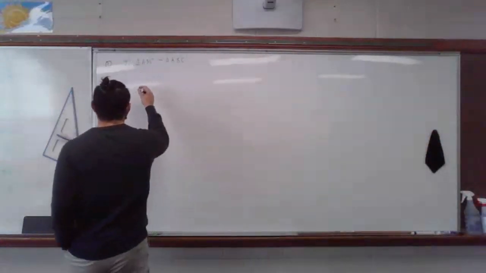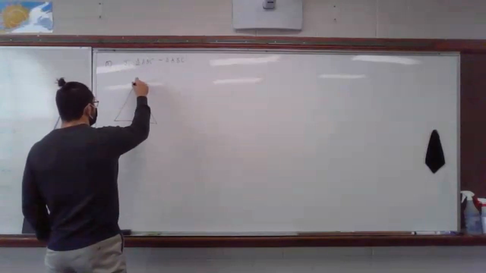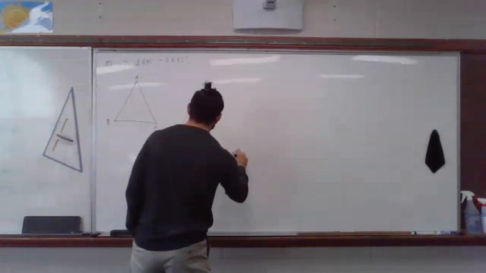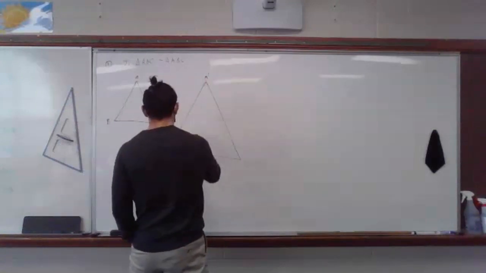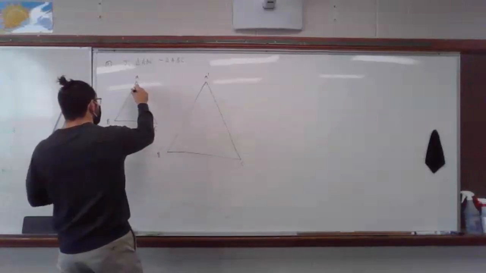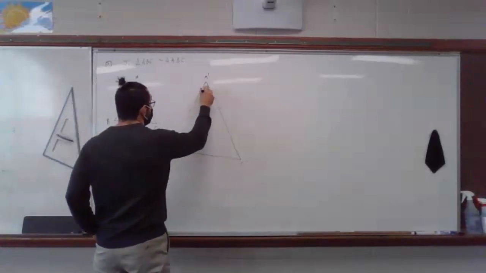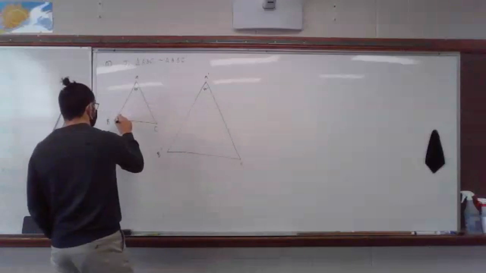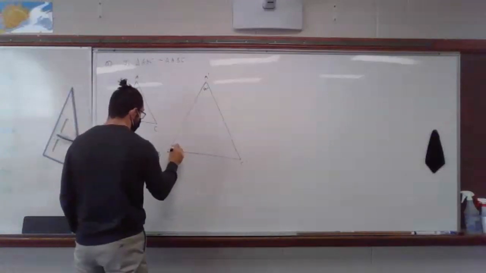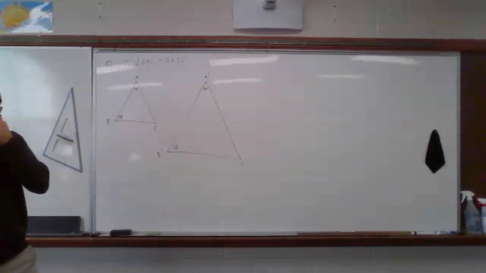Let's go. A, B, C, A prime, B prime, C prime. 41 degrees, 41 degrees, 58 degrees, 58 degrees. I'm not done yet.